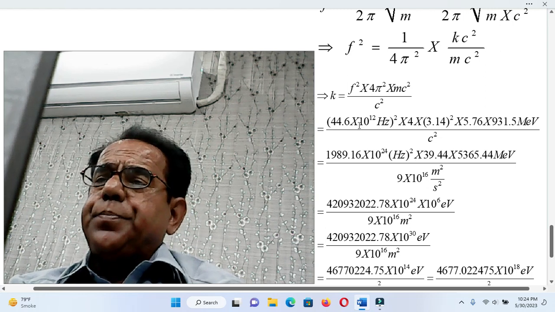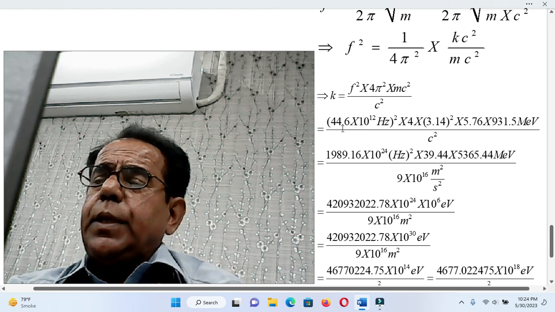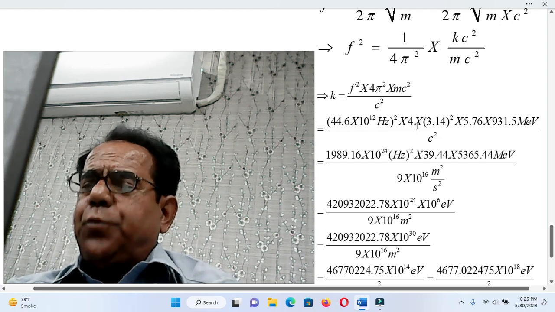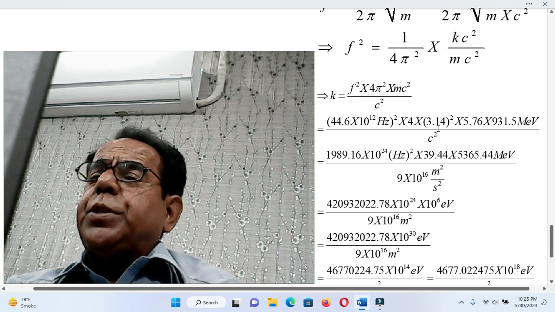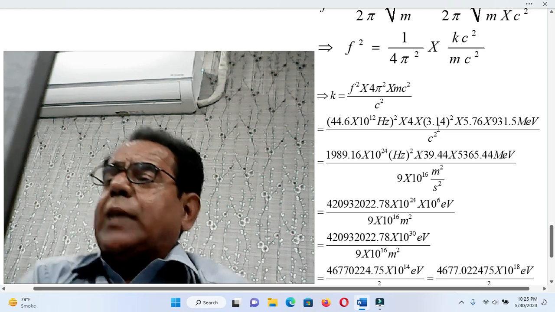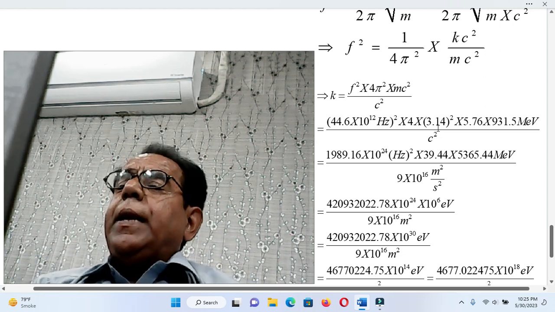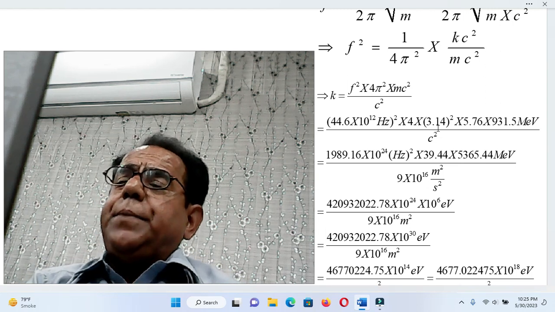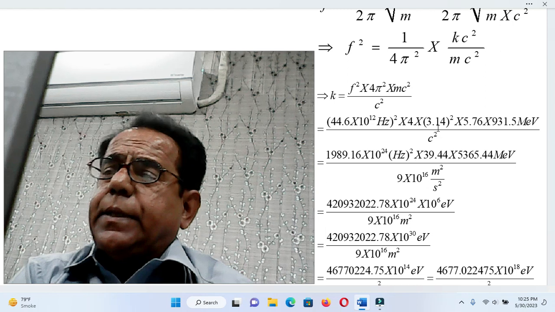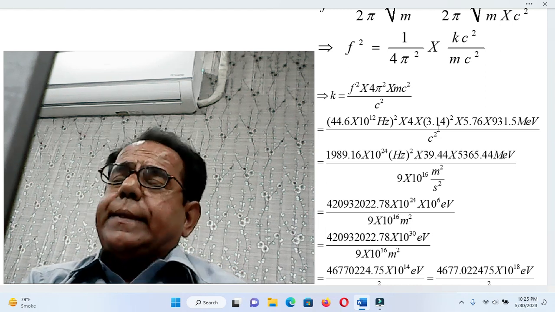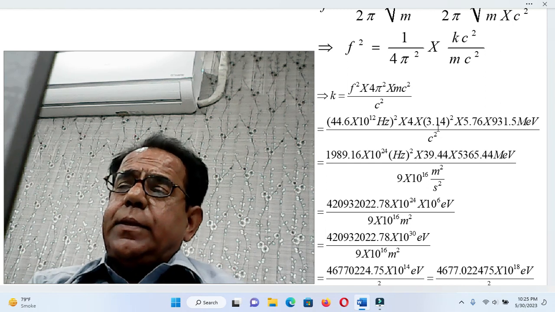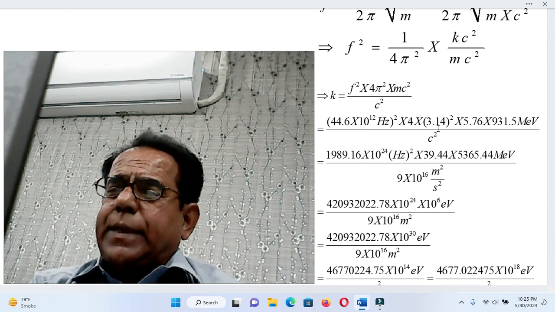Then frequency square into 4 pi square, where pi is equal to 3.14. This is actually 22 by 7, and we know that its decimal representation is non-terminating, non-repeating. It goes endlessly. This is the magic of mathematicians.